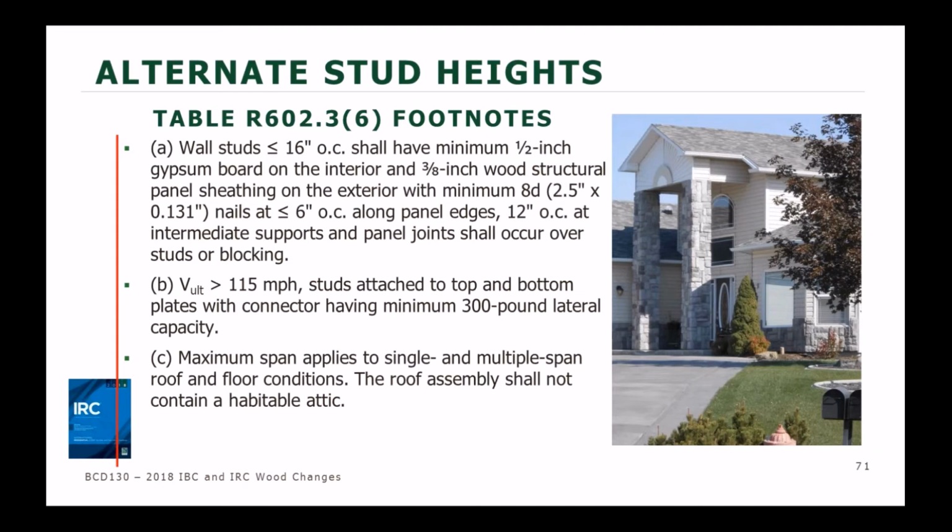But for this table, this footnote will tell you if you've got wall studs that are 16 inches on center, you're going to have the gypsum board on the interior of the wall, wood structural panel that can be that minimum 3/8 inch thickness on the exterior with the minimum 8D nails at 6 inches on center along panel edges, and 12 inches on center at supports. And you're going to have blocking behind those panel joints.